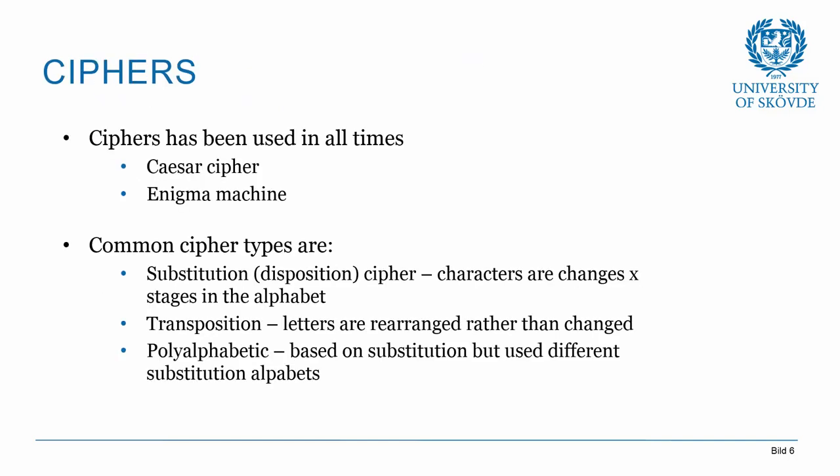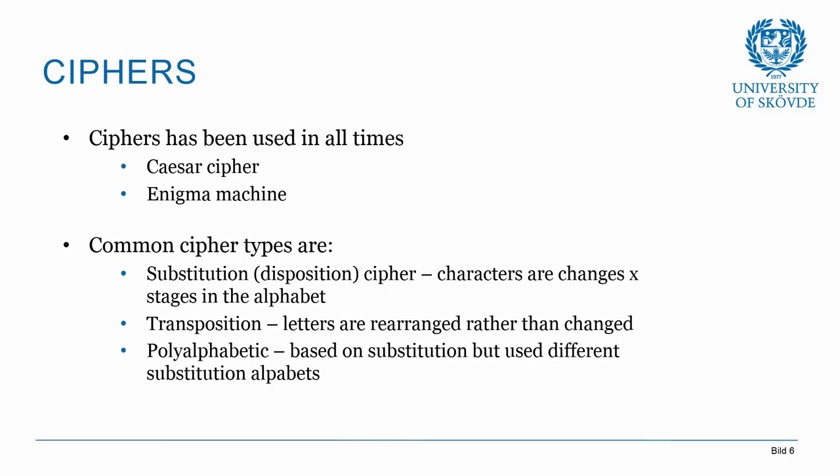So as I said, ciphers, the algorithms used in old times. So we have the Caesarean cipher, which is a Roman old cipher, as one example. We also have the Enigma machine, which was quite a complicated cipher at the time, used by the Germans during the Second World War.